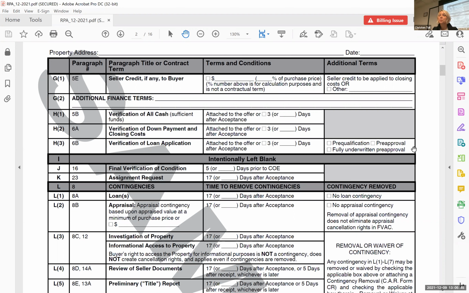So fully underwritten pre-approval is the best. It means credit's actually been run. It means some documents supporting what the borrower has put on their loan application have actually been submitted. This is also referred to as DU, direct underwriting. This is the first layer of underwriting.